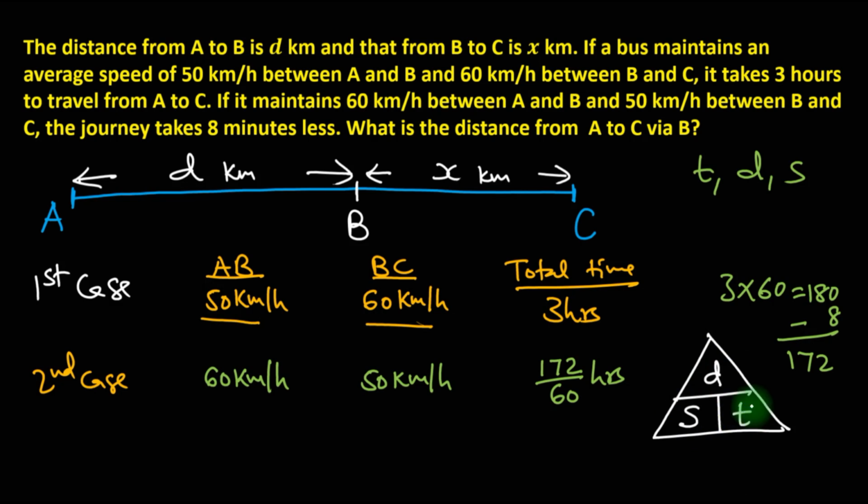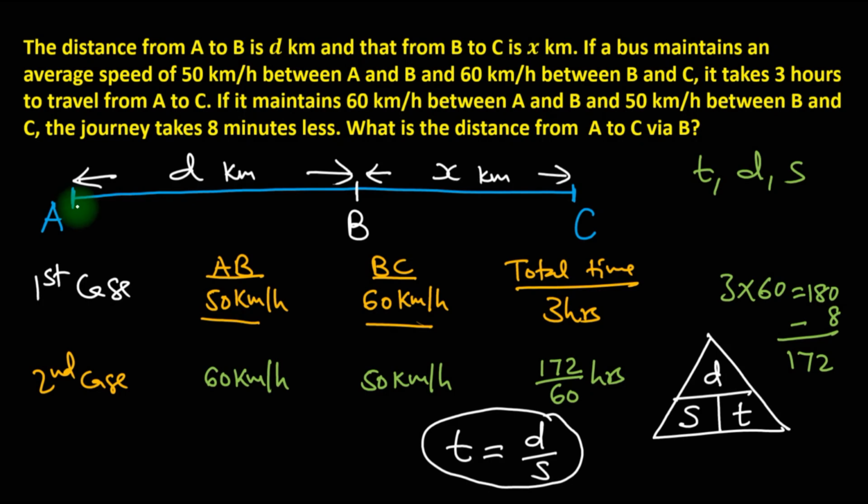So simply we need to use this formula. Time is equal to distance over speed. This is what will help us to find the value of d and the value of x.